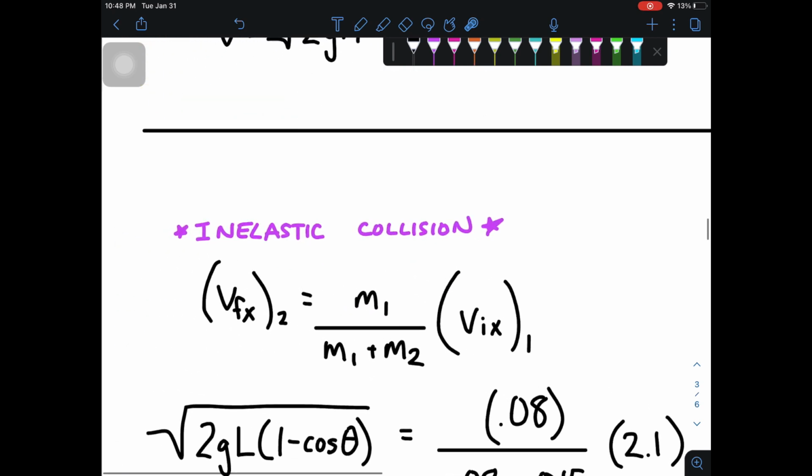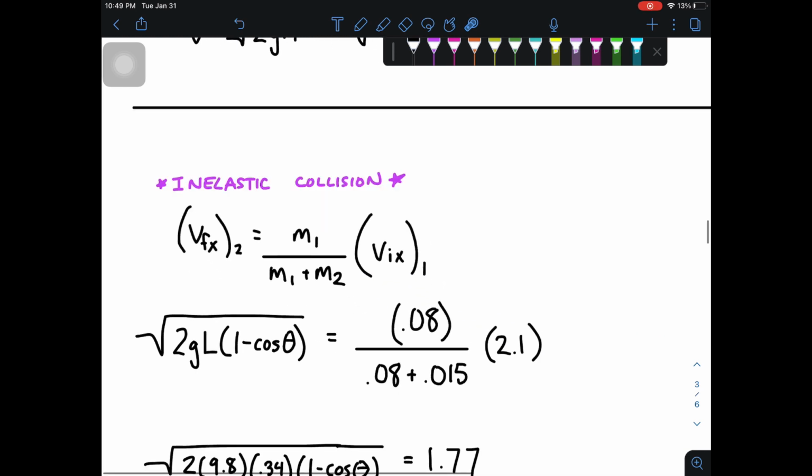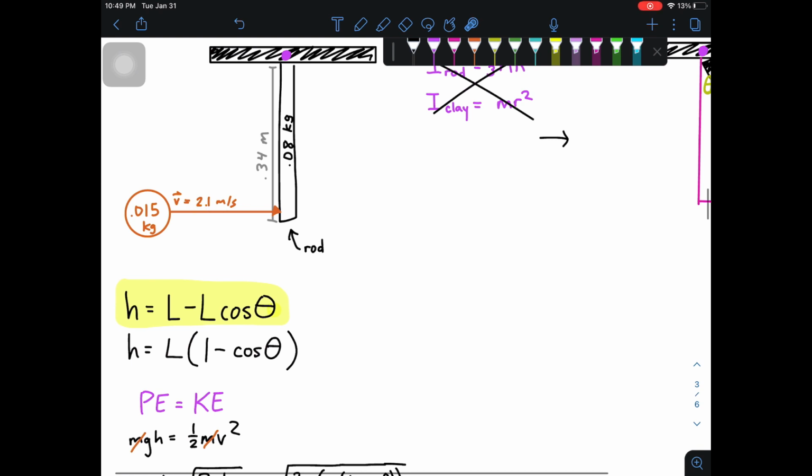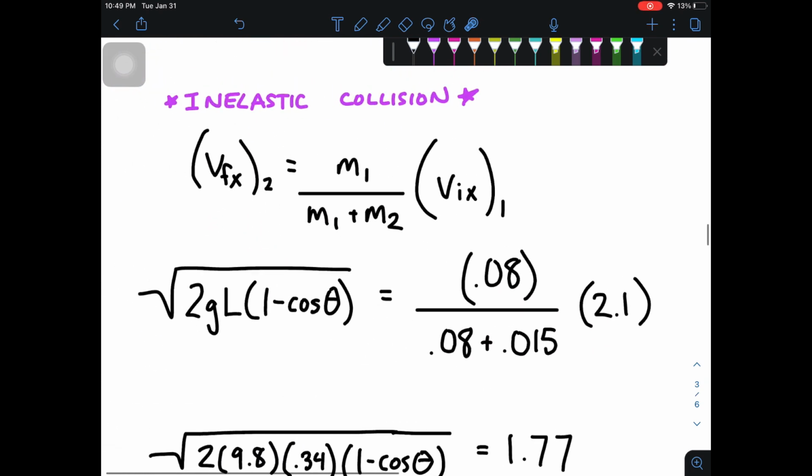And remember, in inelastic collisions, we have an equation that states that the final velocity is equal to the mass of the first object over the total mass times the initial velocity. We know that the initial velocity of the bullet is 2.1, or not the bullet, wrong problem, of the ball is 2.1 meters per second. We know that mass 1 is 0.08 kilograms, and the total mass is here.